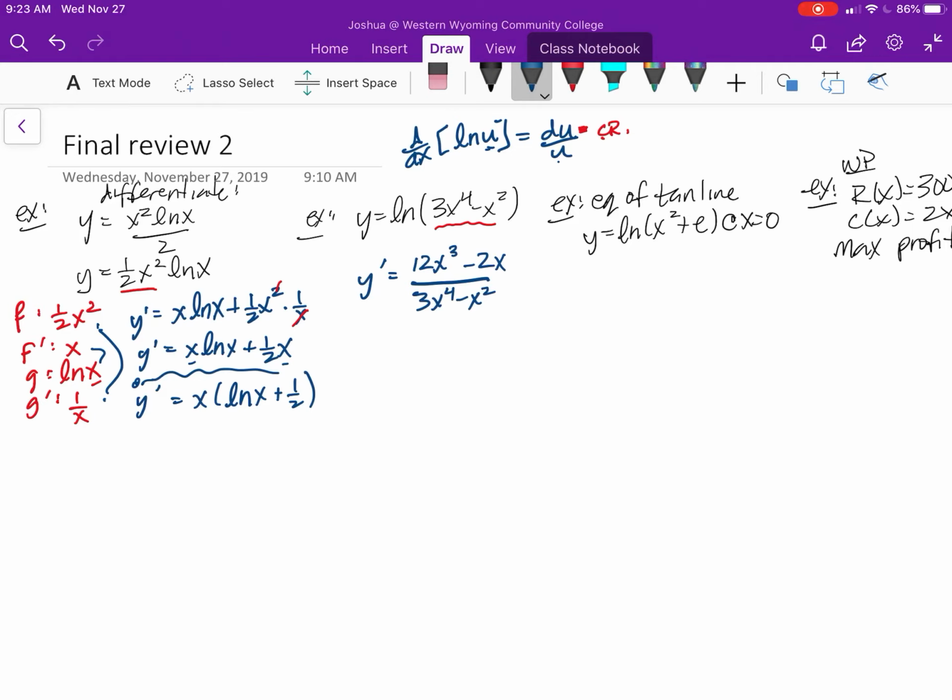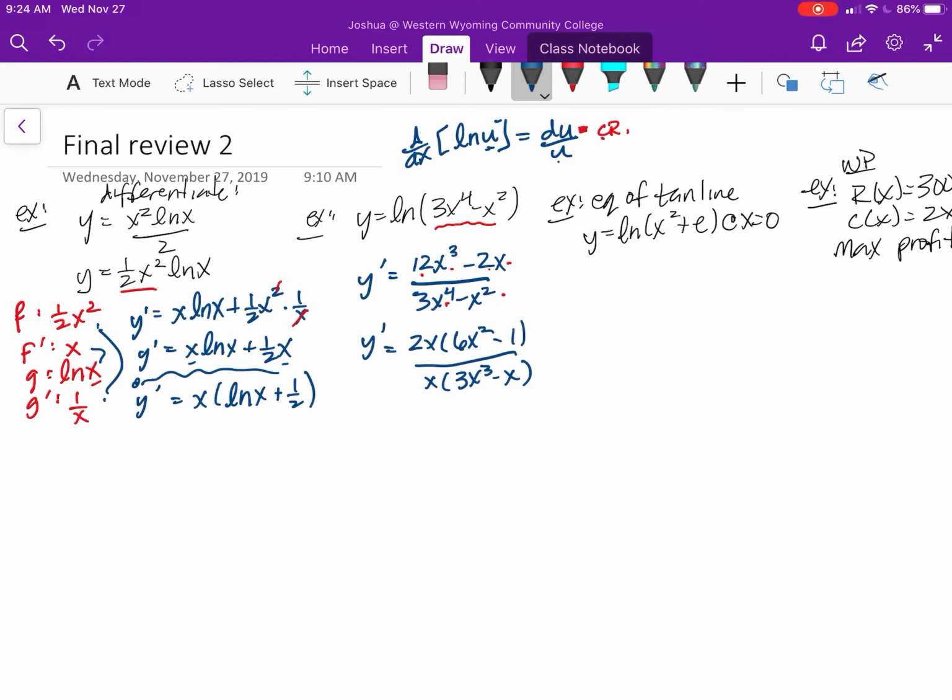Sometimes you can't. This one, all it looks like I could really do is factor out an x, right, and cancel an x. So you can either at this step just cancel an x out of each term. The numerator does have a 2 in common, but the denominator doesn't. Well, I'll do it the right way. Let's factor. Factor out a 2x, we're left with 6x squared minus 1. Factor out an x, we're left with 3x to the third minus x.